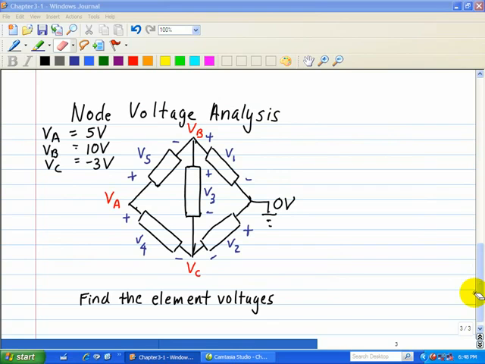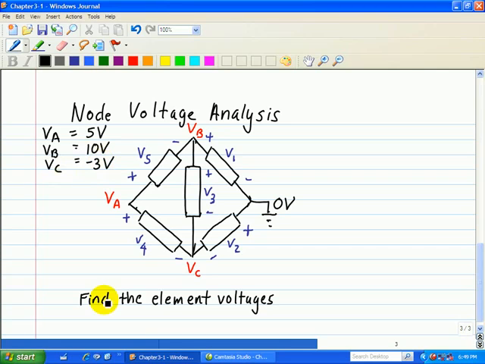Now let's do an example of node voltage analysis. Here we're given a circuit containing 5 devices. Our reference point is defined here as 0 volts, our reference node. And then we're given nodes A, B, and C, where VA is given as 5 volts, VB is given as 10 volts, and VC is given as minus 3 volts.